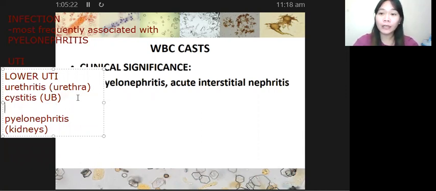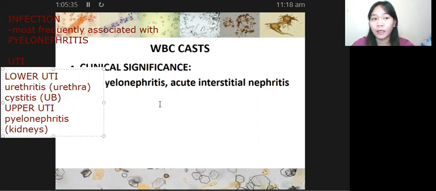So, if the microorganism is able to invade your kidneys and infect your kidneys, ang tawag natin dyan ay pyelonephritis, and this is considered as upper urinary tract infection. So, one of the ways by which we are able to differentiate your lower UTI from your upper UTI is the observance of your WBC casts.